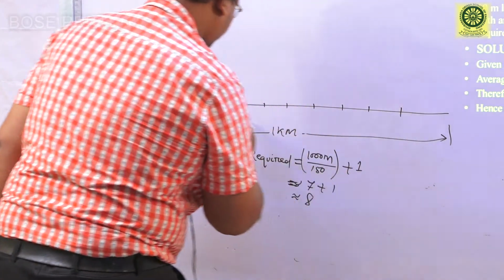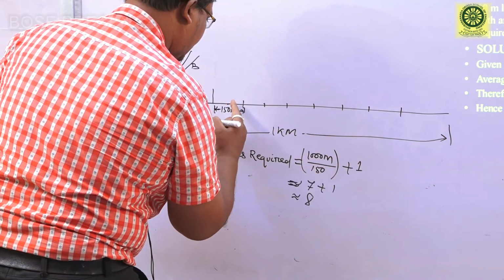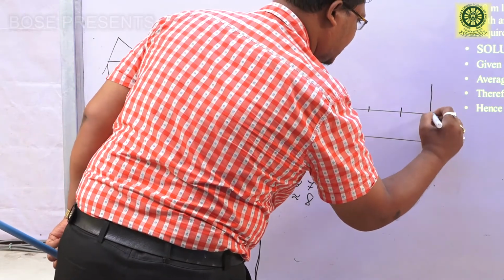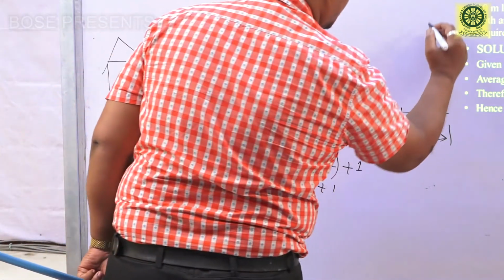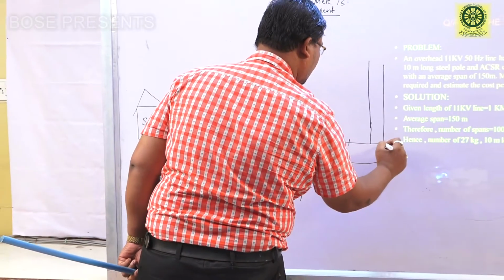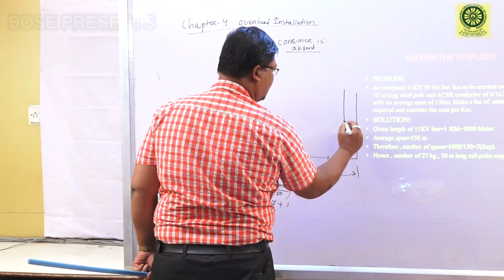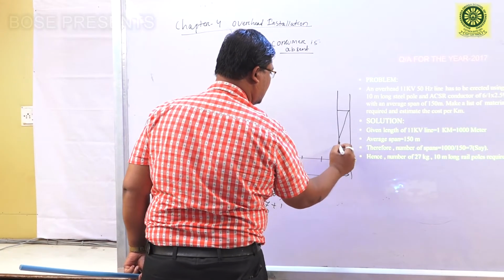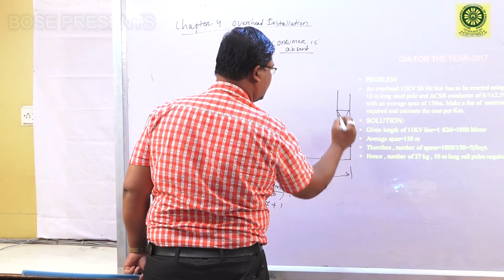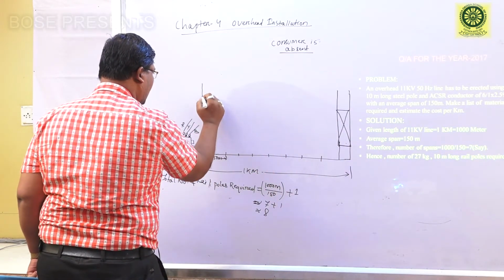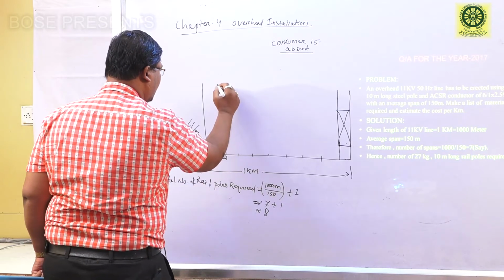And the last one is the H pole structure, and all others are single rail poles.